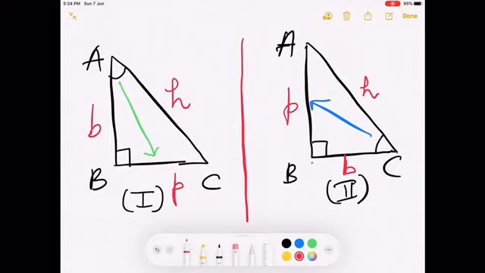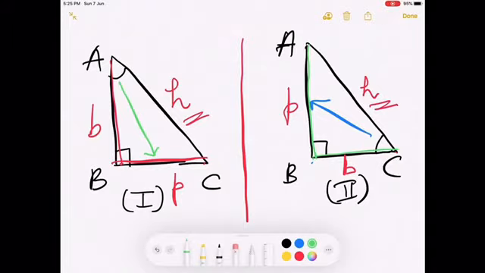So in the same triangle ABC, the hypotenuse will always remain fixed, but perpendicular and base can change according to the angle of reference. If we are talking about angle A, BC is the perpendicular and AB is the base. If we are talking about angle C as the angle of reference, then the side AB will be the perpendicular and BC will be the base.